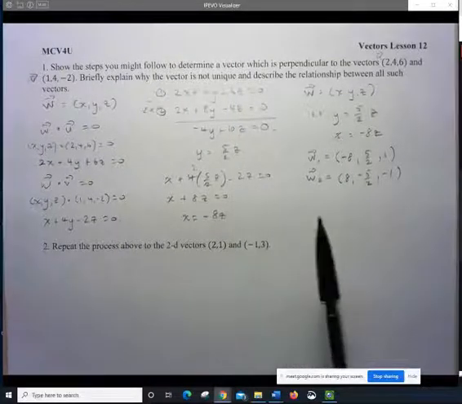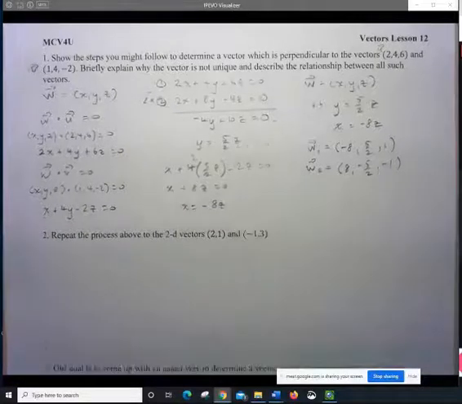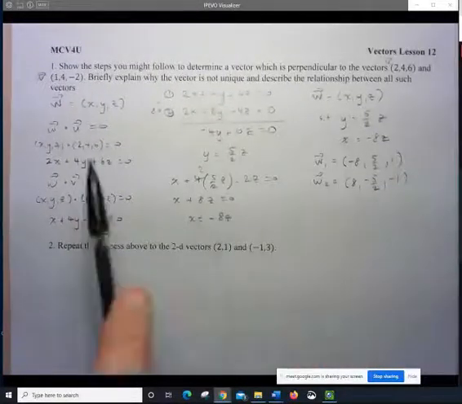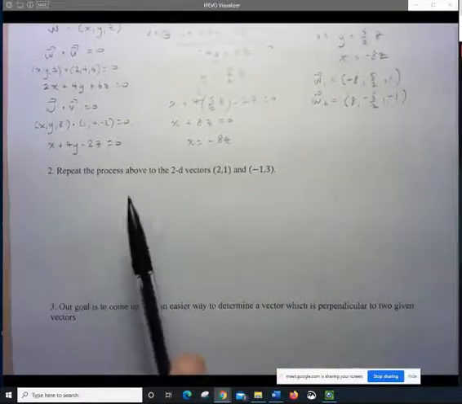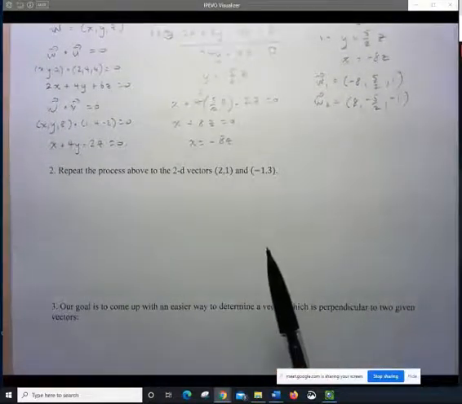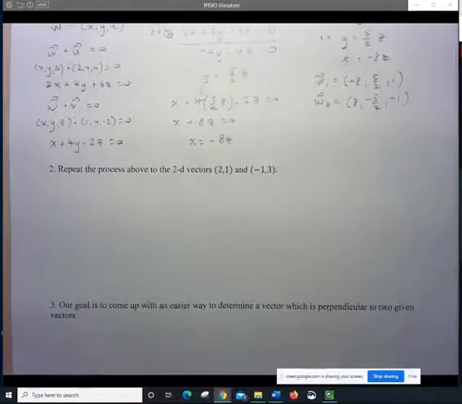But before we look at how we might do this in a more efficient manner, since we've done 3D, that's definitely the harder one, I want you to now reproduce this in 2D. Okay, so here's two vectors, and I want you to algebraically show me how you would come up with a third vector that's perpendicular to both of those two.